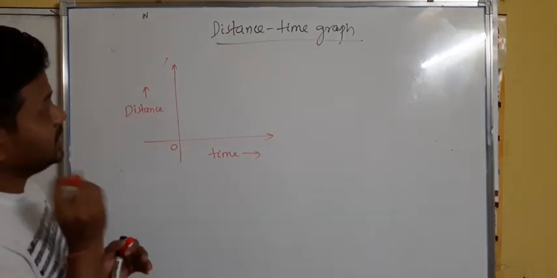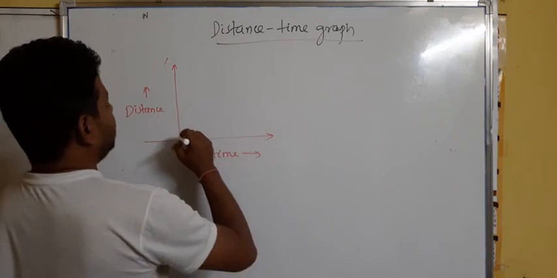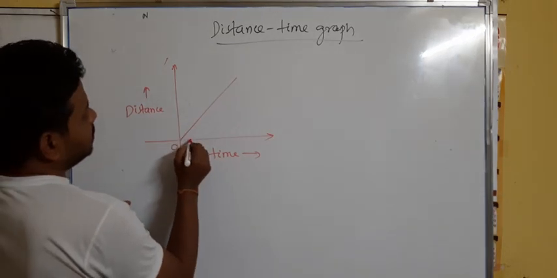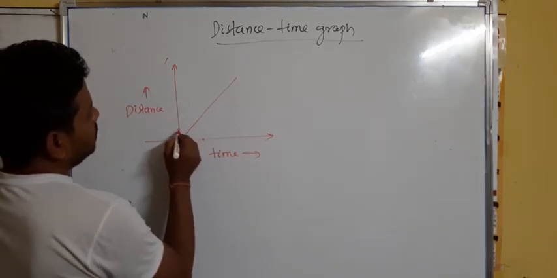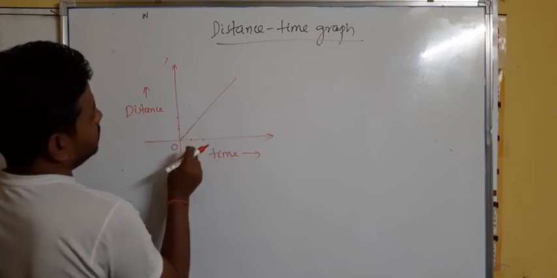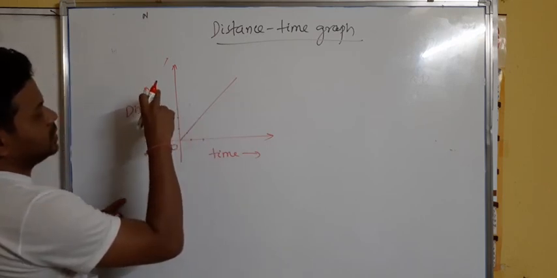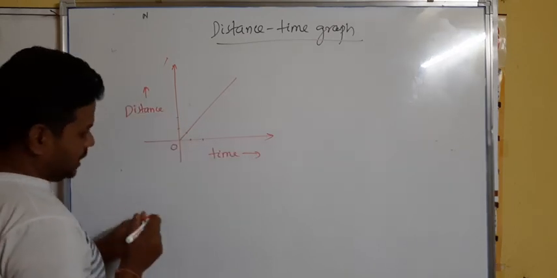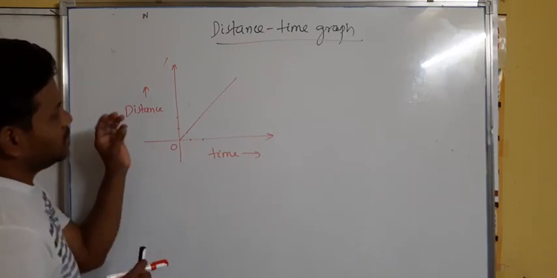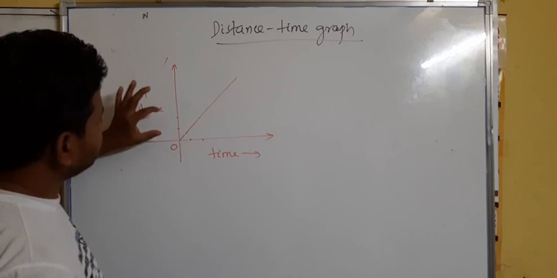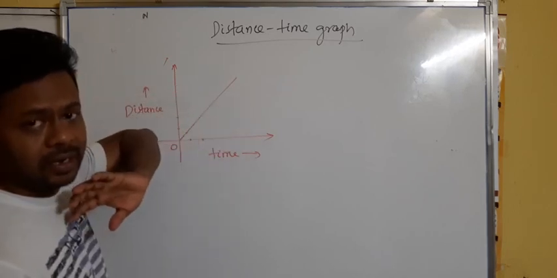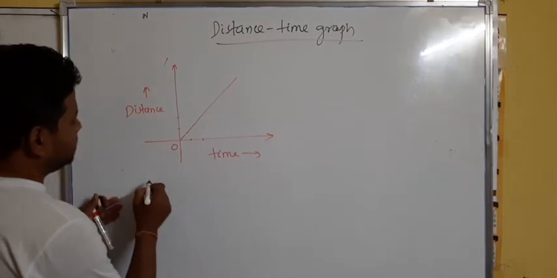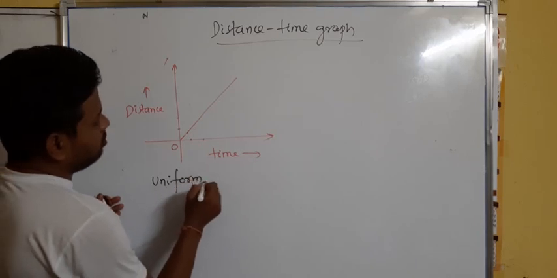And the distance time graph, when it becomes straight, it means that if the distance covered and time taken change equally, meaning an object covered equal distances in equal time intervals, then the graph will be straight, and this graph is for uniform motion.